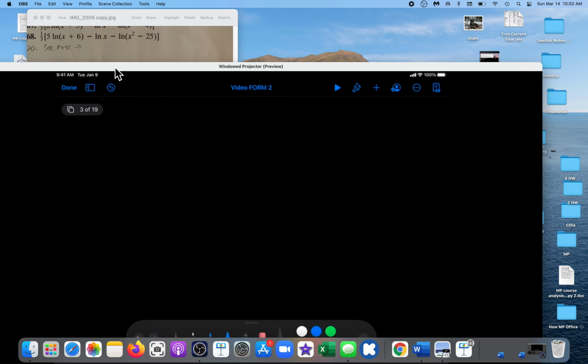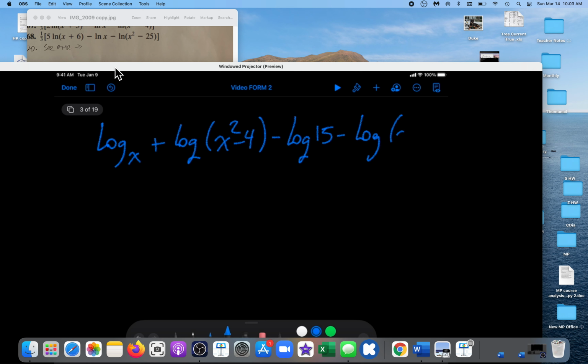70. Okay, 70, I have a note to look over. Let's see. Okay, this is problem 70. Problem 70 is as follows: log of x plus log of x squared minus 4 minus log of 15 minus log of x plus 2.